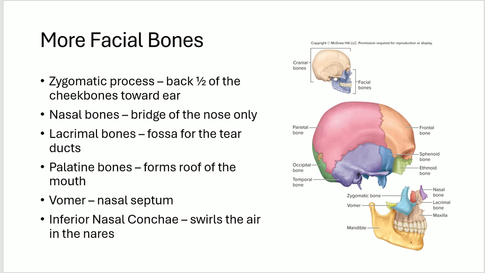And then we have the inferior nasal concha. So 2 small bumps off the nasal septum that swirl the air around, allows you to breathe in and touch the roof of your nose. So if there are any chemicals, your olfactory nerves will pick them up, right? This inferior nasal concha are super important because they allow all air to travel through moist areas, which allows that air to moisten before going into our lungs.